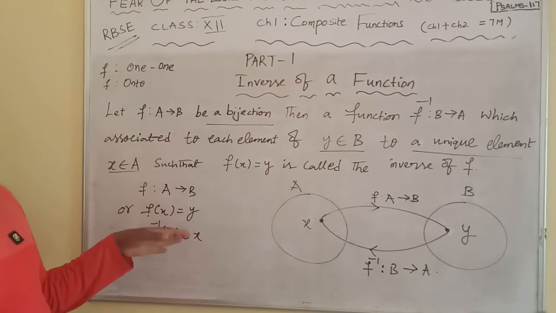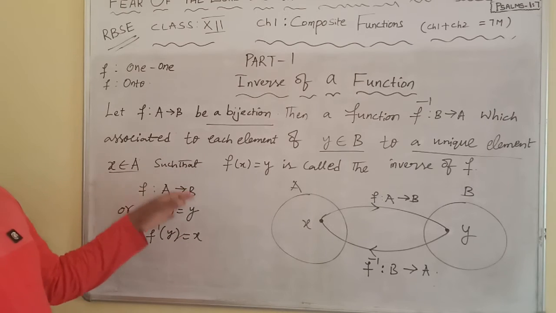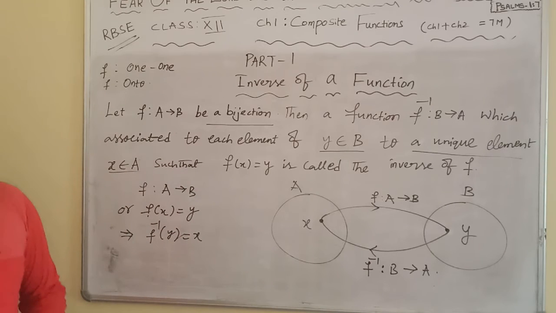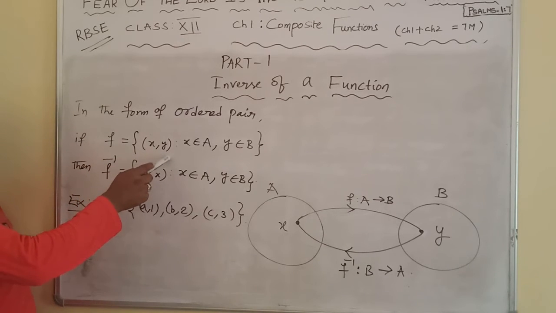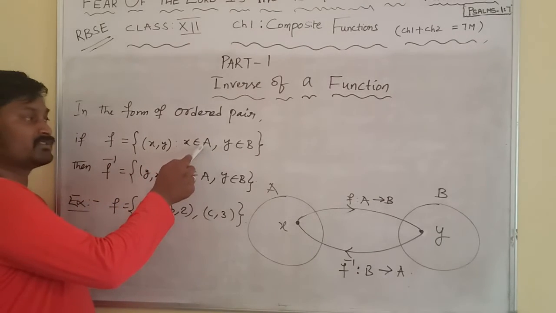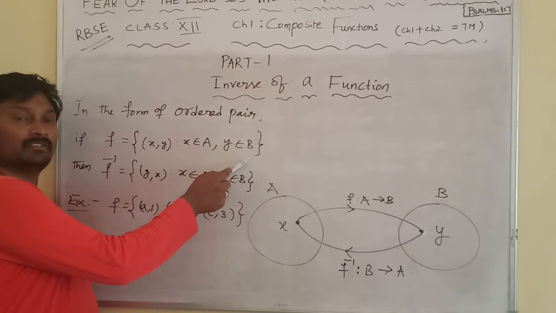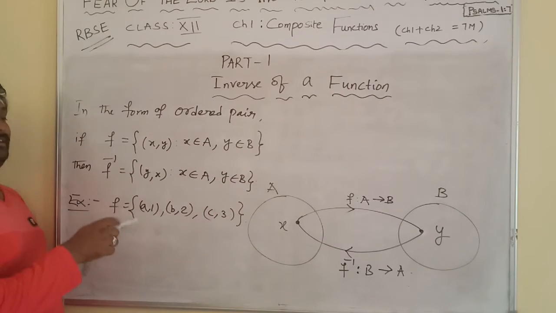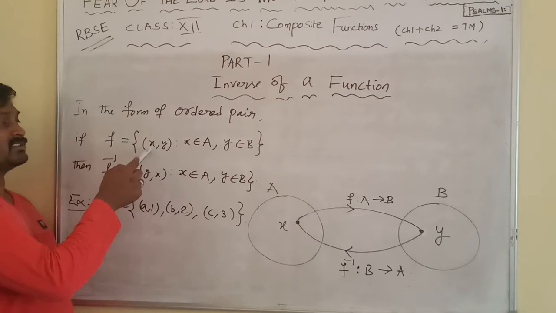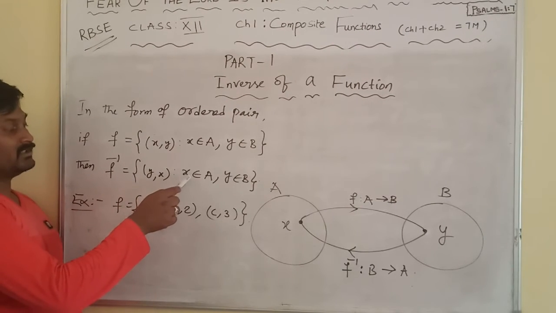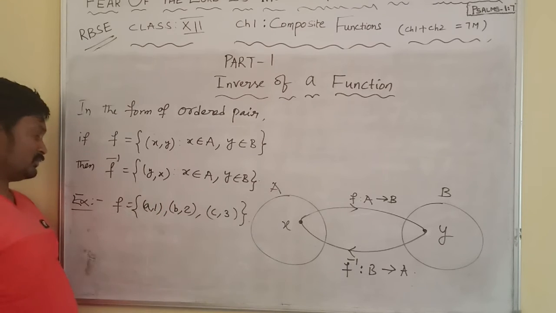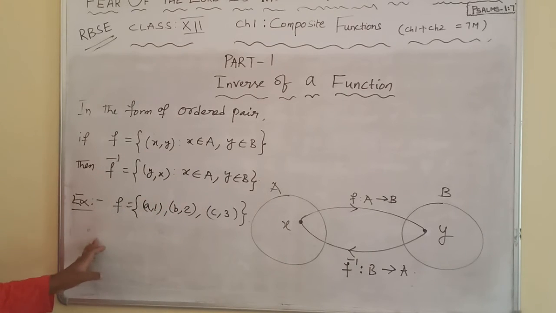So let's discuss in detail in the ordered pair form. If f is equal to the pairs (x, y), such that x belongs to A, y belongs to capital B, then what is f inverse? Just interchange: (y, x) such that x belongs to A, y belongs to B. Now one example we'll take so that you can understand how to write this.